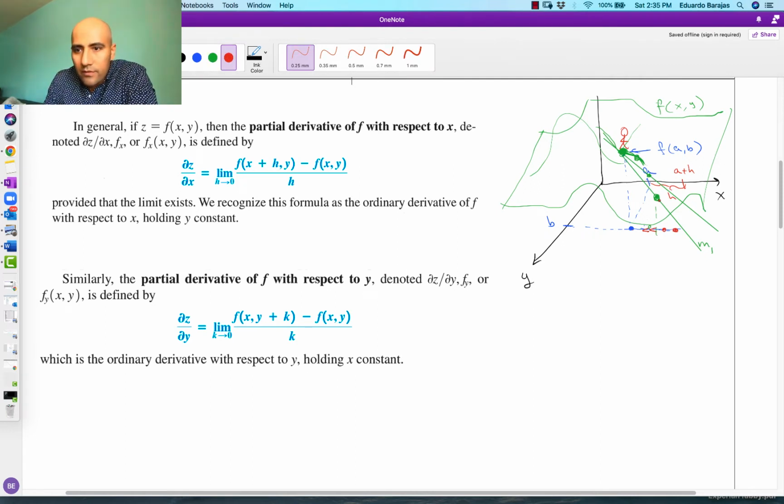Let's go here. This point right there is determined by plugging in this point here in the floor of our 3D function, which is equal to the point (a plus h, b), right? That's this point here. And then as I evaluated, that means that this point here will be the point f of (a plus h, b).